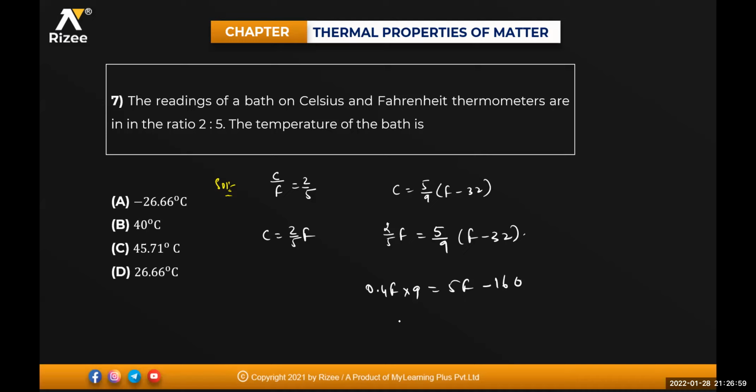So F value will become how much for me, beta? How much am I getting for this one? 0.4 into F into 9 is equal to 5F minus 160. All the F terms you take on one side.